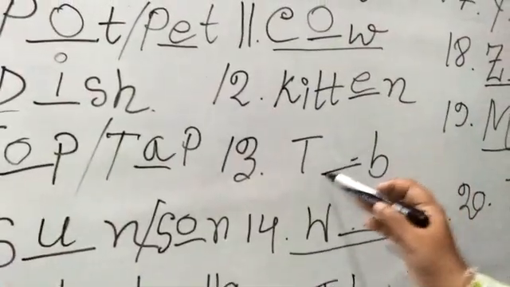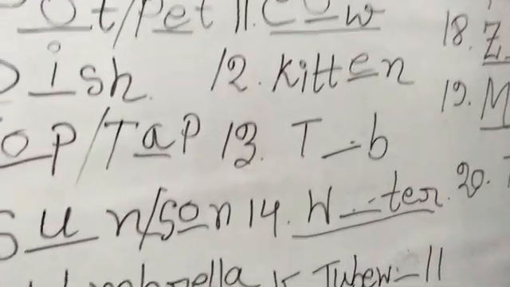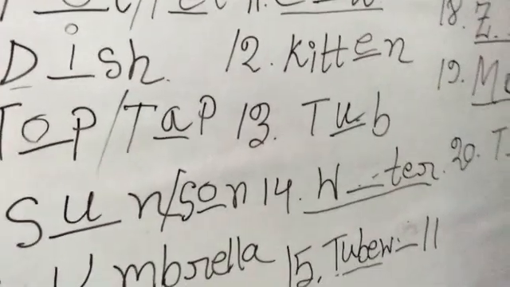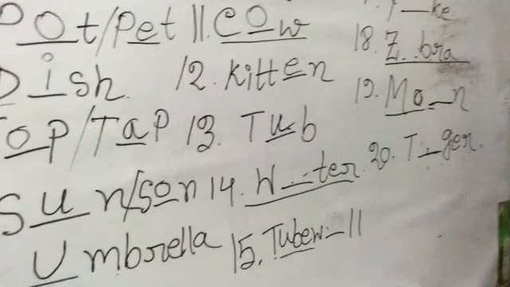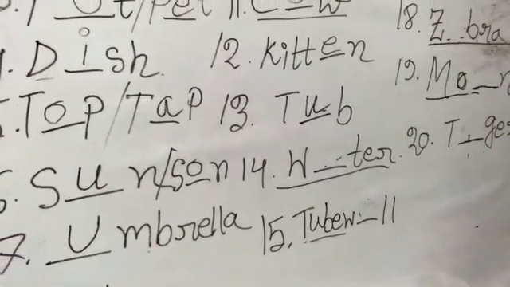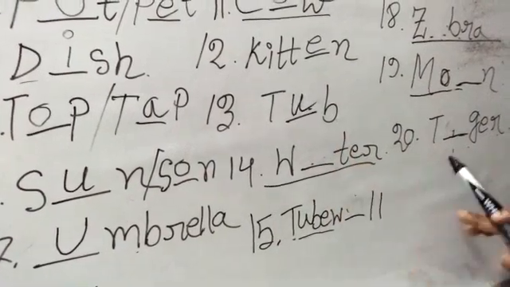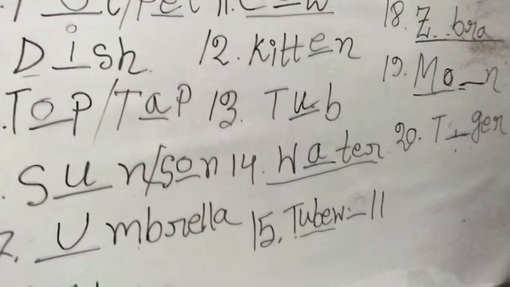So the next one is T dash B. If I put A here, it doesn't mean anything, no, but if I put U, then it becomes tub. Tub means a round thing that is used for bathing. And W dash T E R, it doesn't need any clue. Without any hesitation, you can put A here, then it becomes water.